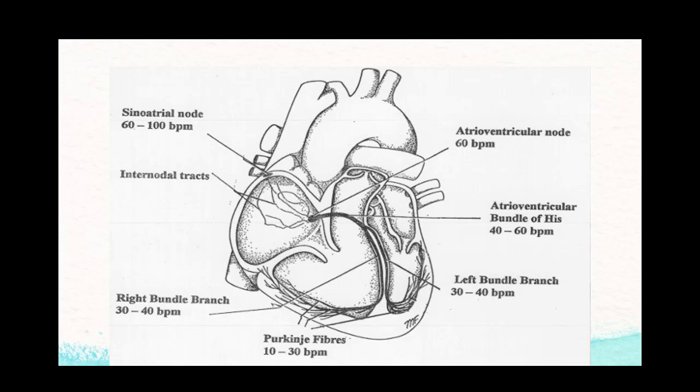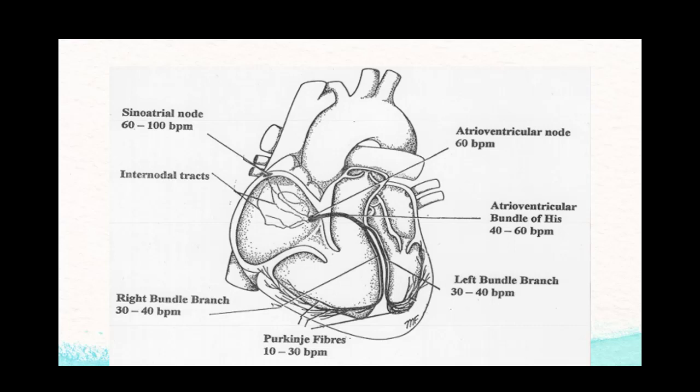And just like neural impulses in the body can conduct faster through jumping electrically at the nodes of Ranvier, the internodal tracts can allow the heart electricity to jump quickly to go from the SA node to the AV node. Now, the heart also has several fail-safes.